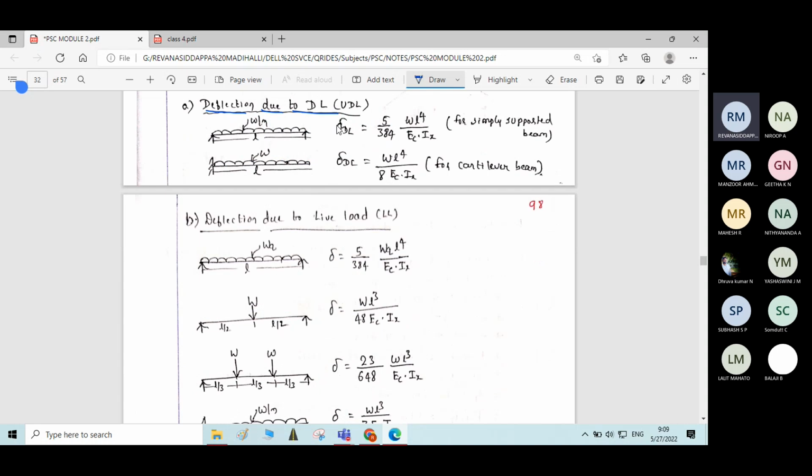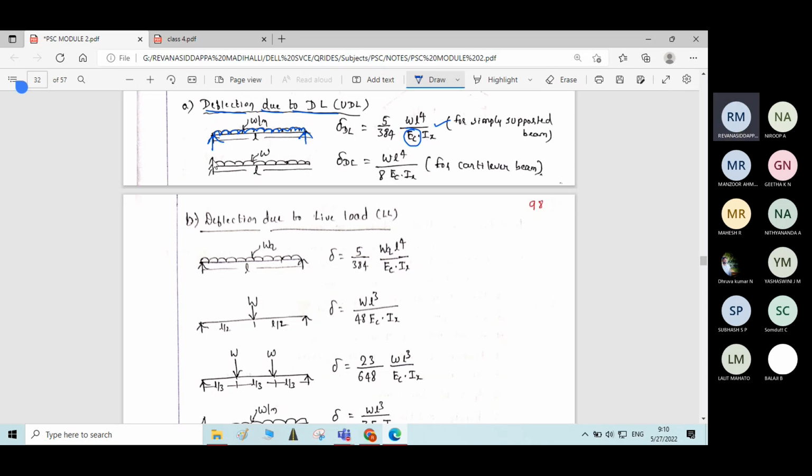So here we have the formula to find deflection due to dead load. If the beam is simply supported, then we will find the intensity of the self weight. We will find the self weight of the beam by multiplying cross sectional area with the density of the concrete. Then we will get the intensity of the self weight W, and the length of the beam will be given. If it is a simply supported beam, we will find deflection by using this formula: 5/384 WL^4 divided by Ec Ix, where Ec is Young's modulus of concrete, or modulus of elasticity of the concrete.